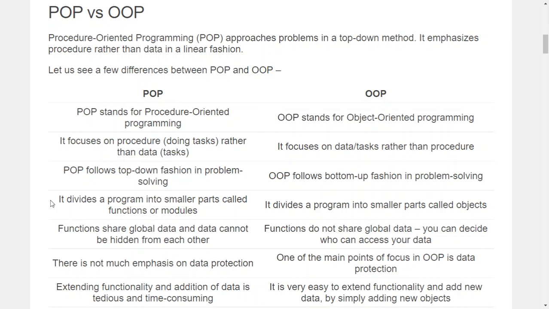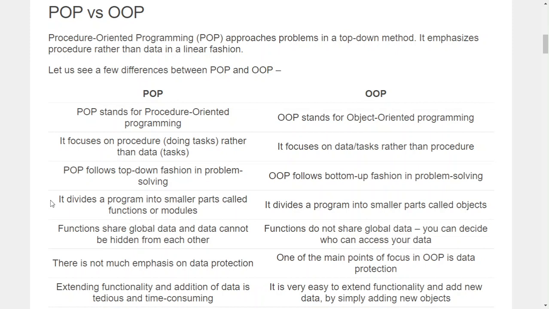In POP, functions share global data and data cannot be hidden from each other. So here is the security risk in POP, whereas in object oriented programming functions do not share global data. You decide which data is accessible to the other data. So here the security concern is solved.